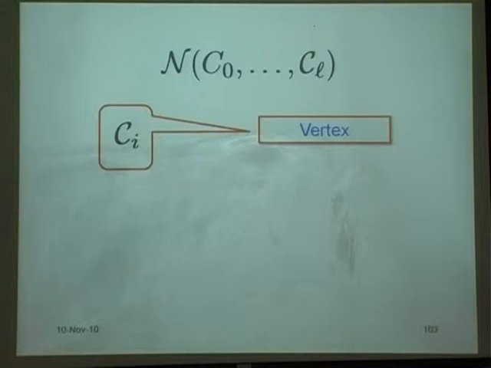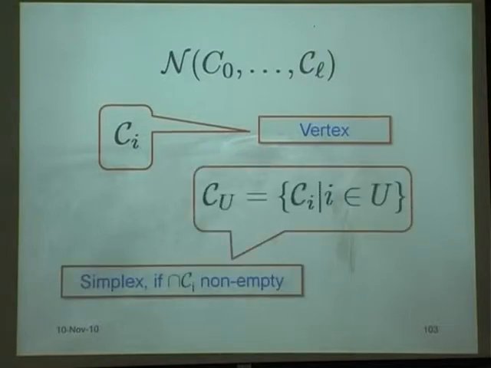So we define the nerve of a covering. A nerve of a covering is a derived simplex. Each vertex in the nerve is one of the covers, that is, one of the subcomplexes. And a collection of these vertices defines a simplex if their intersection is non-empty. So if the intersection is empty, it's not a simplex.